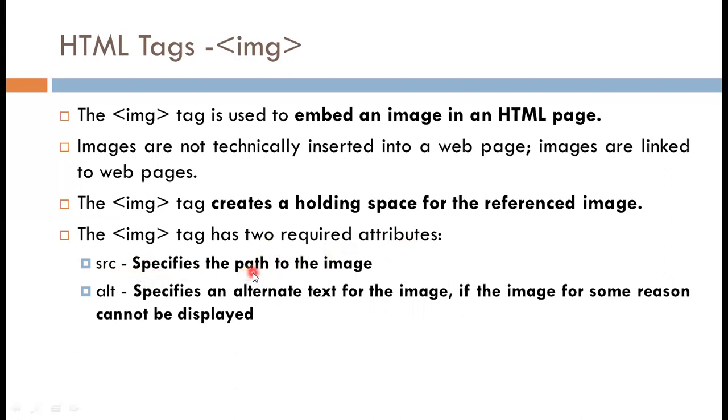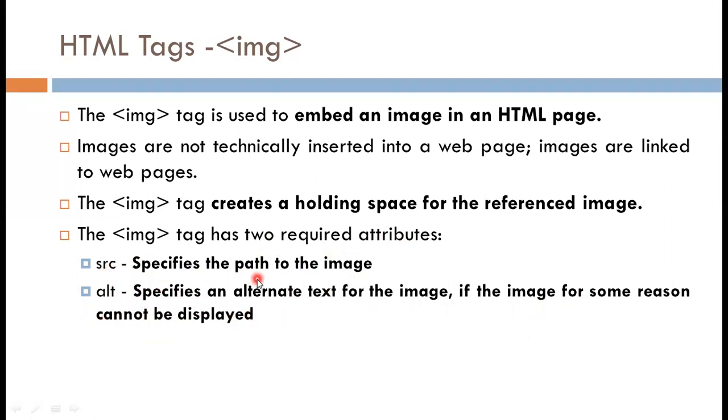It specifies the path to the image, and ALT means alternate text, and it specifies alternate text for the image if the image is not displayed in our web page.